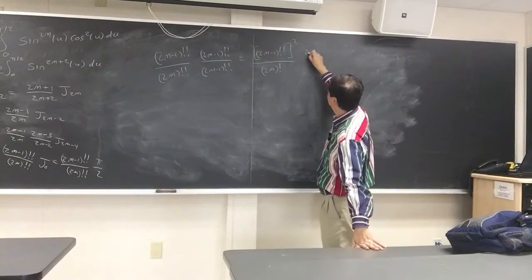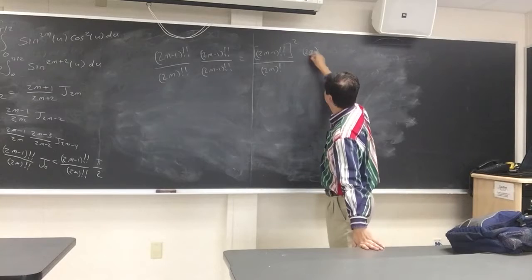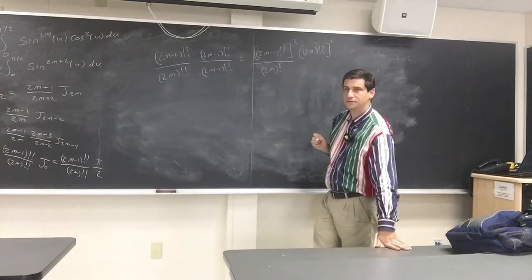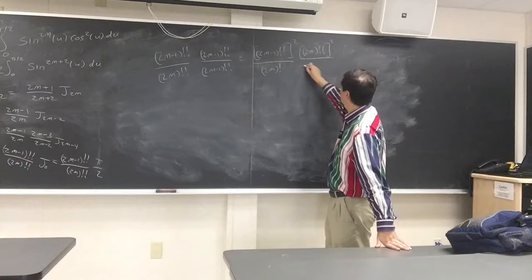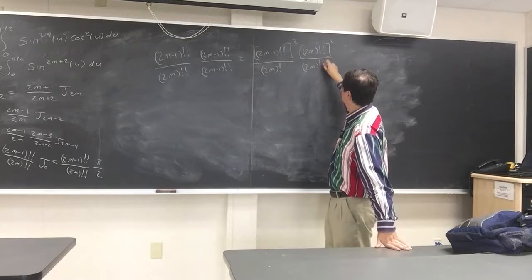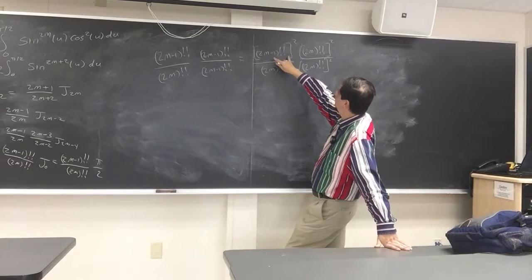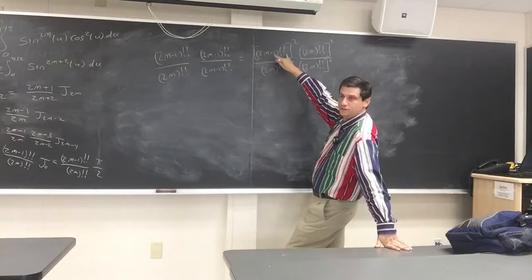So I would want to put in 2m double factorial squared, and then I would have to divide by 2m double factorial squared. And now the top becomes a 2m factorial squared.